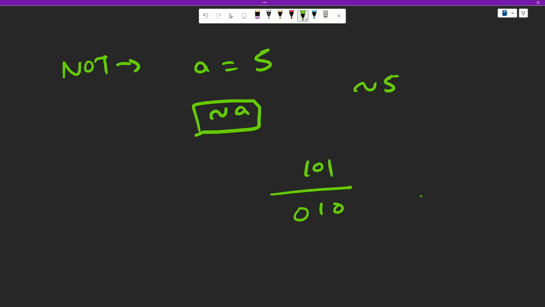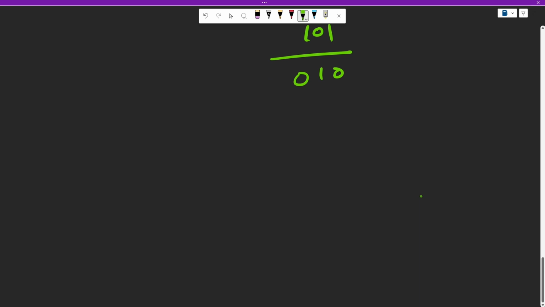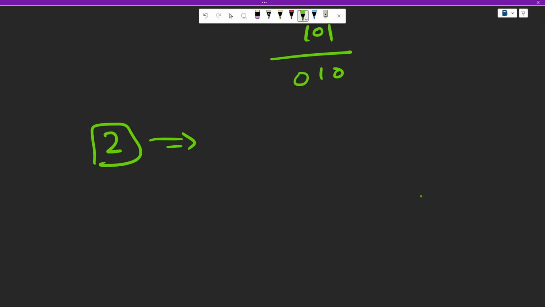Now in the programming world, we represent a number with 8 bits. Let's say we have the number 2 here. When we represent it, it will be 0 0 0 0 0 0 1 0.